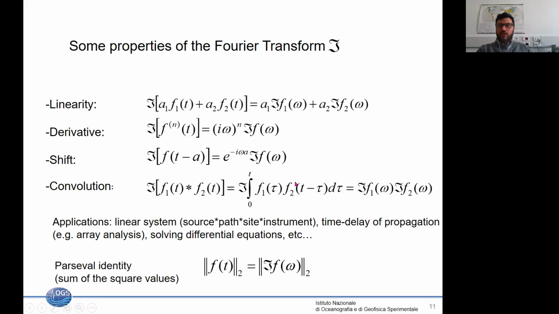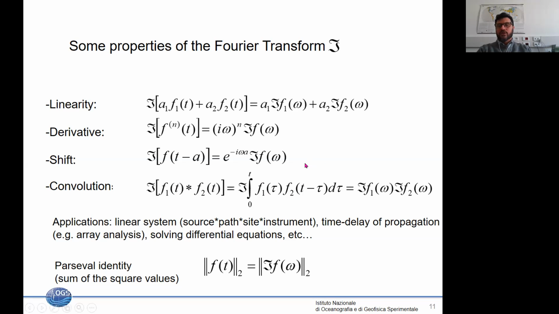The convolution in the time domain can be calculated through this integral. But it's easier to calculate this through the Fourier transform. So the convolution of two signals is nothing else but the product of the two Fourier transforms of the signals.